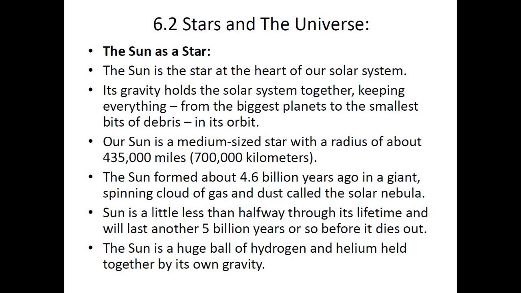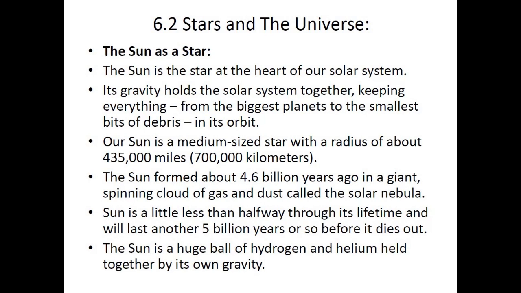The sun is a little less than halfway through its lifetime, and scientists have estimated that the sun would last about another 5 billion years. The sun is a huge ball of hydrogen and helium held together by its own gravity. In fact, all stars are technically held together by their own gravity.